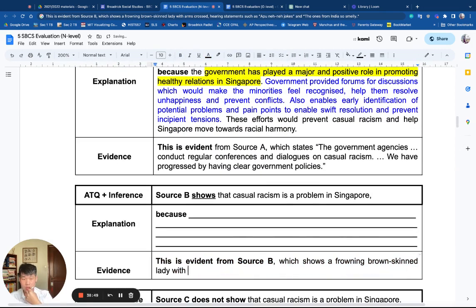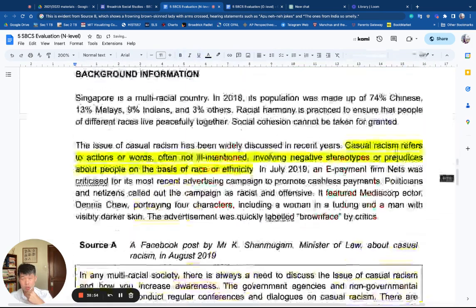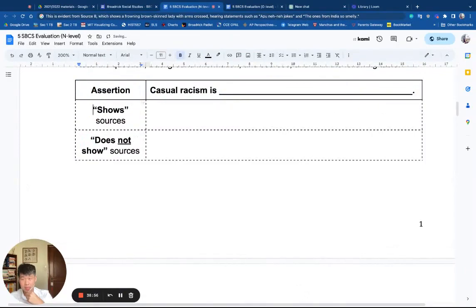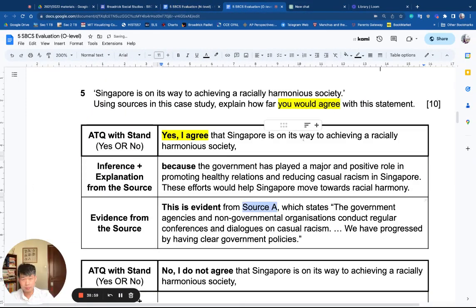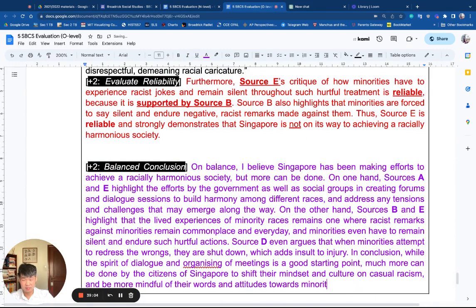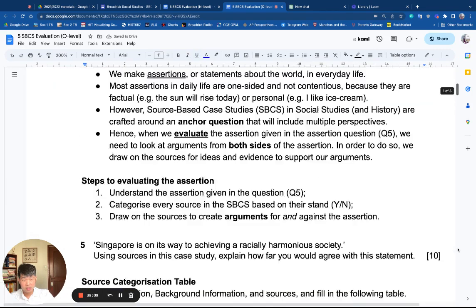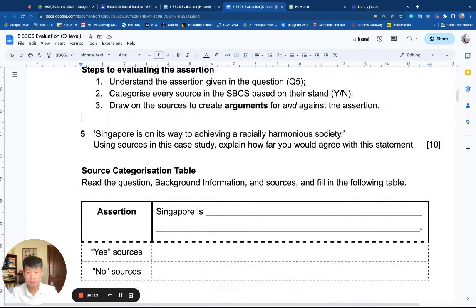I kept saying the sources we categorized was for N level, because for your worksheet, the statement is here. Singapore is on its way to achieving a racially harmonious society. Remember, the N-level statement was casual racism is a problem. These are different statements.